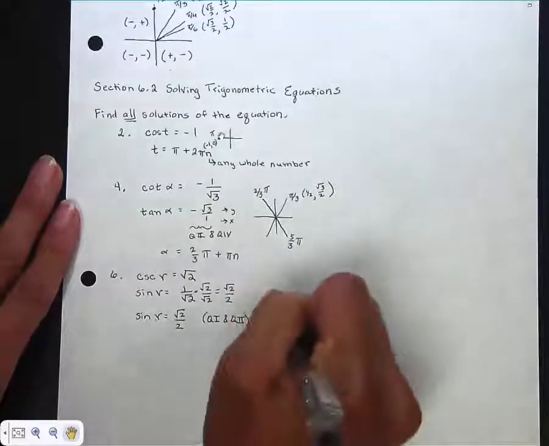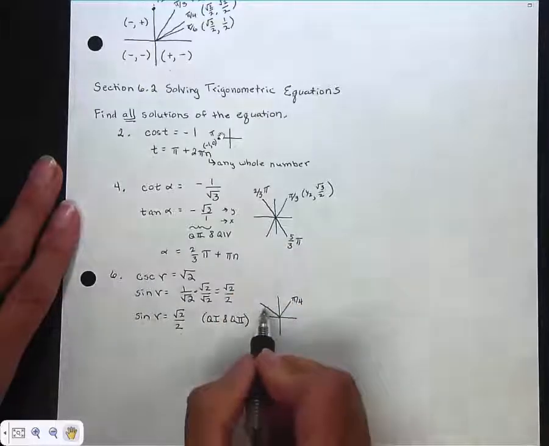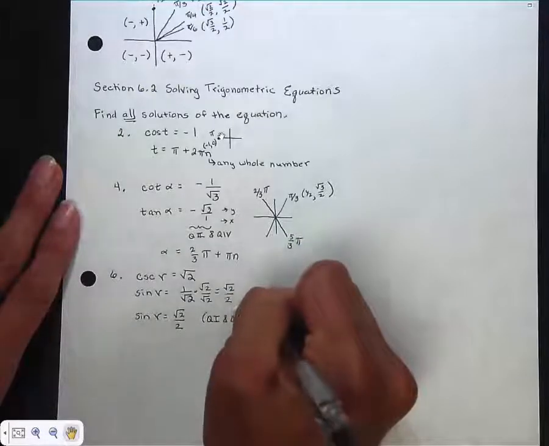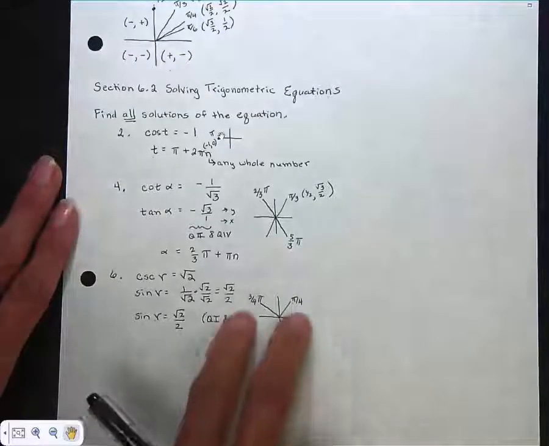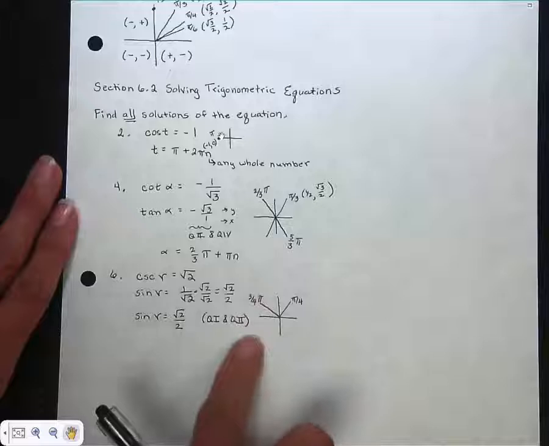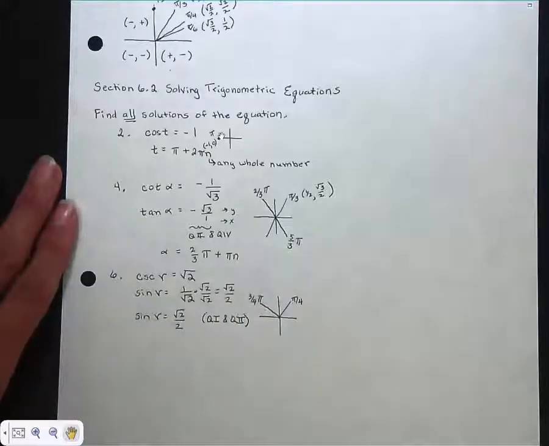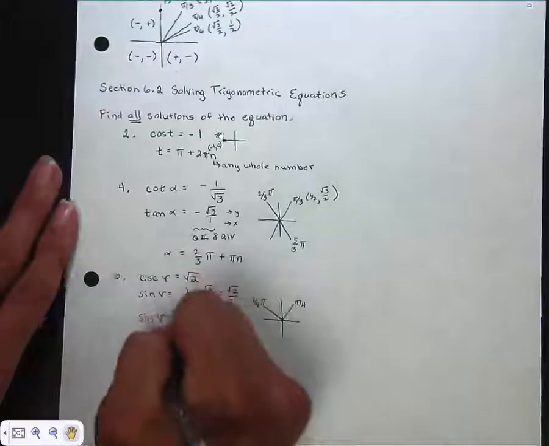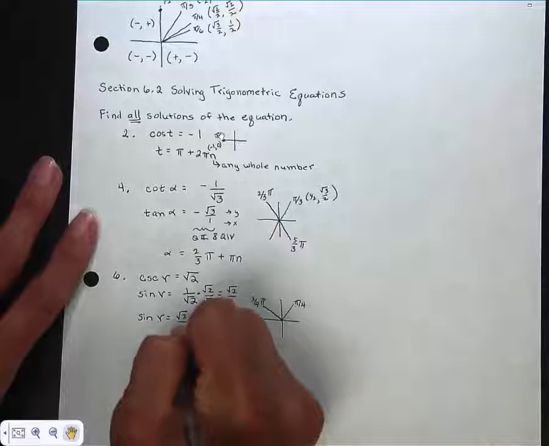And I have a solution in the second quadrant, 1/4, 2/4, this is 3/4 pi. Those are the two angles in one revolution of the unit circle where sine is square root of 2 over 2. So gamma can be pi over 4.